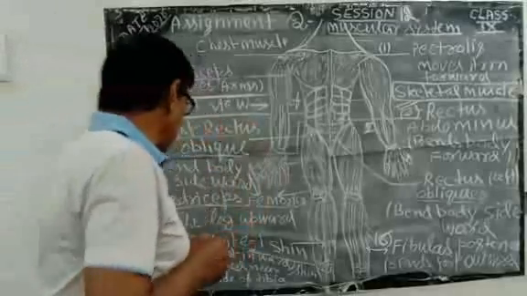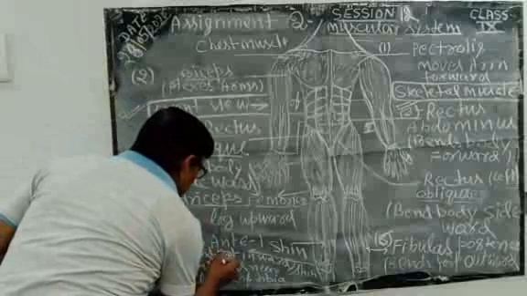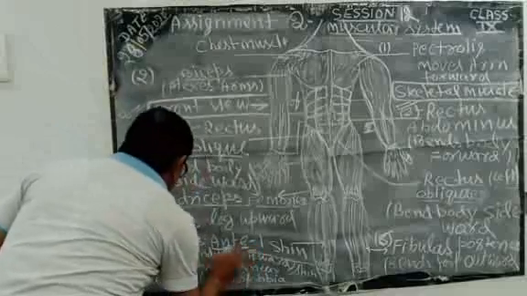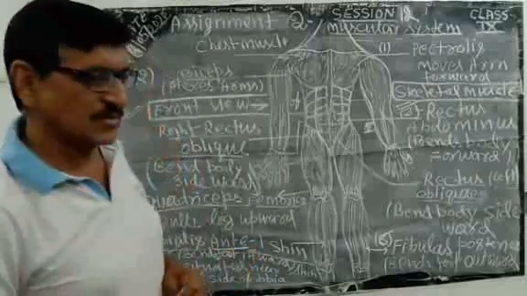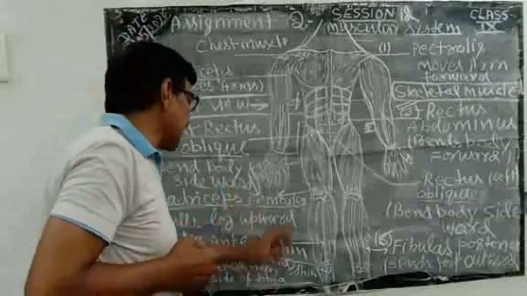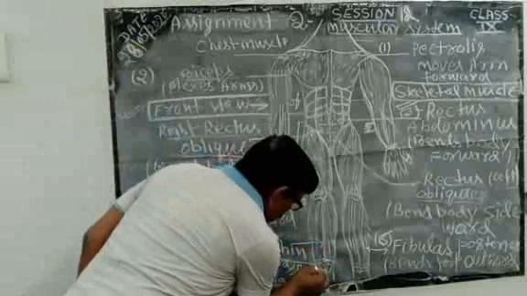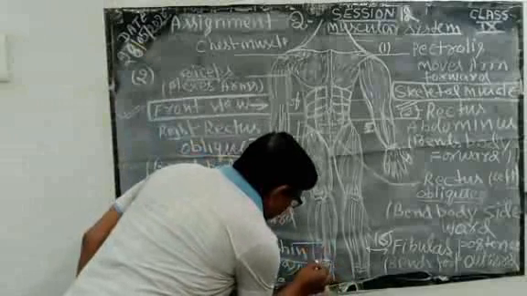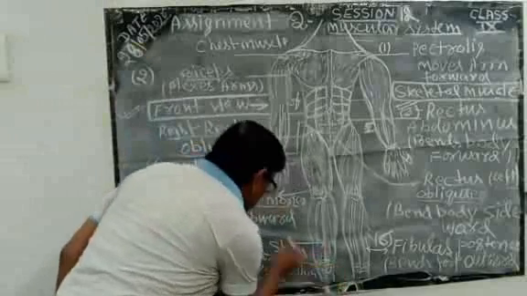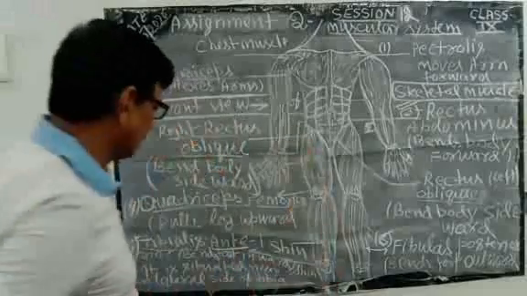Now, next point, that will be tibialis anterior. Fifth step, that will be tibialis anterior. Now, children, this one is the tibialis anterior muscle.